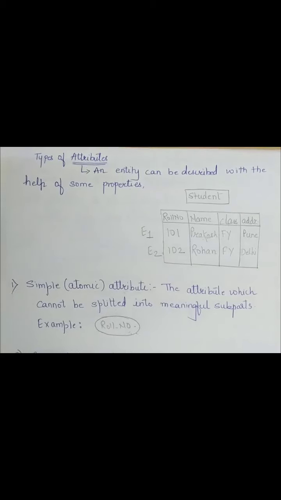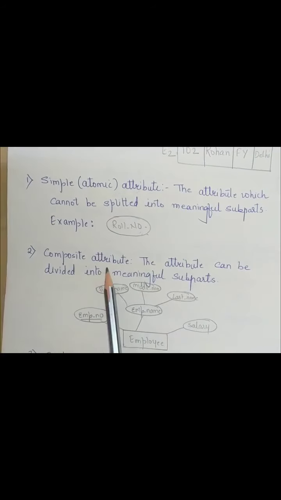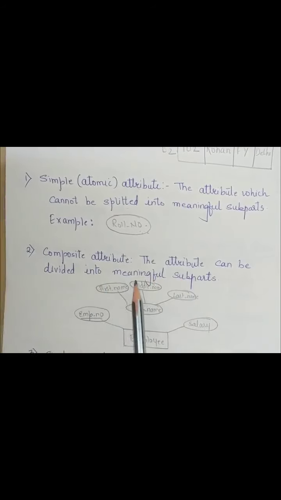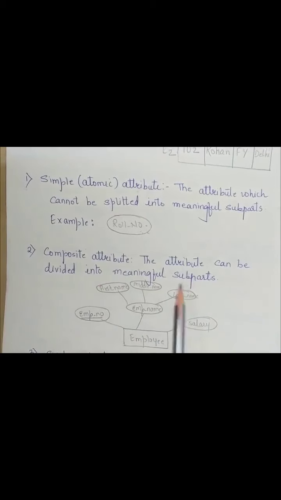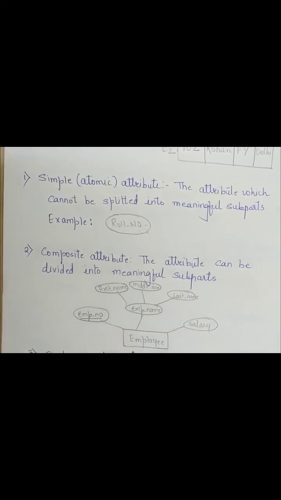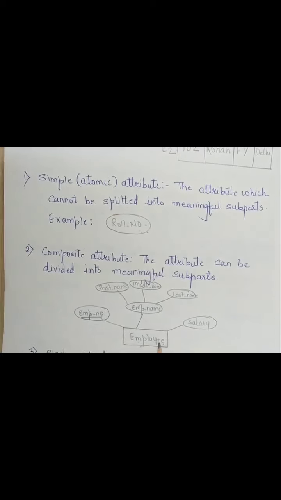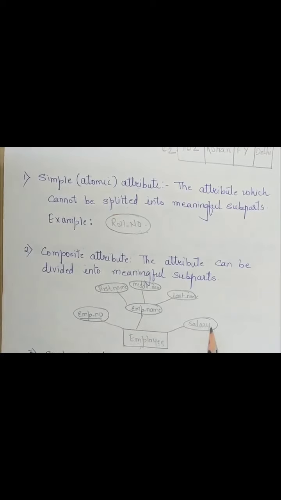Next is the composite attribute. Here you can see the definition: the attribute that can be divided into meaningful subparts is said to be a composite attribute. Let's take an example. I have taken employee type. It has attributes like employee number, employee name and salary.